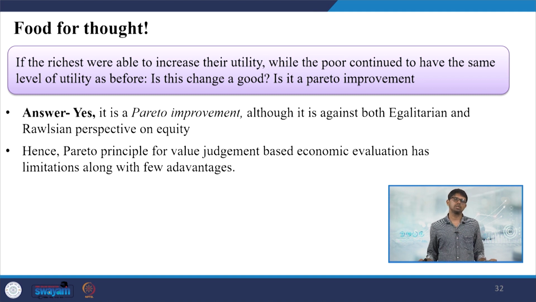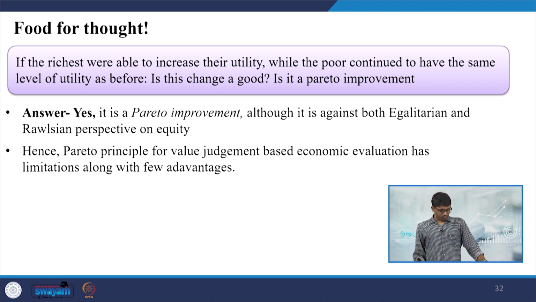If you remember, the Rawlsian principle is largely discussed in the context of justice. You can refer to the book called Theory of Justice, and distributional justice is highly emphasized in Rawlsian perspectives. We will be emphasizing some of these aspects, already emphasized in the equity and health chapter in unit number 4.